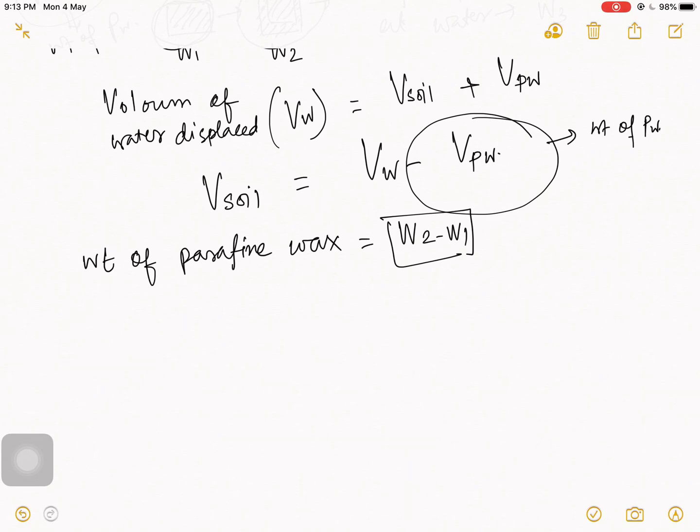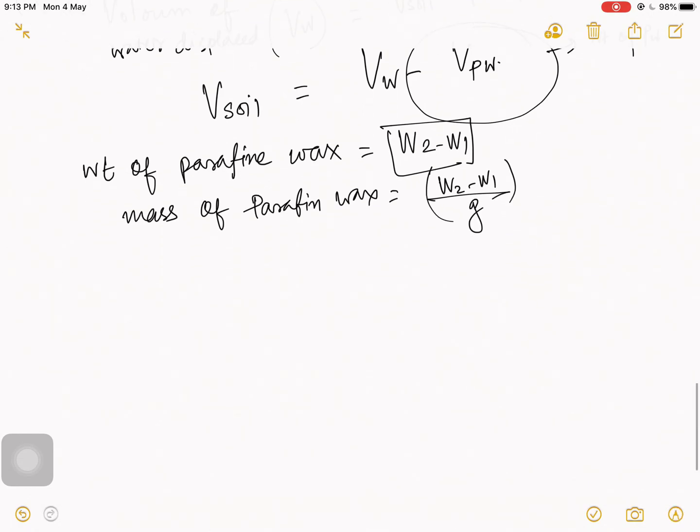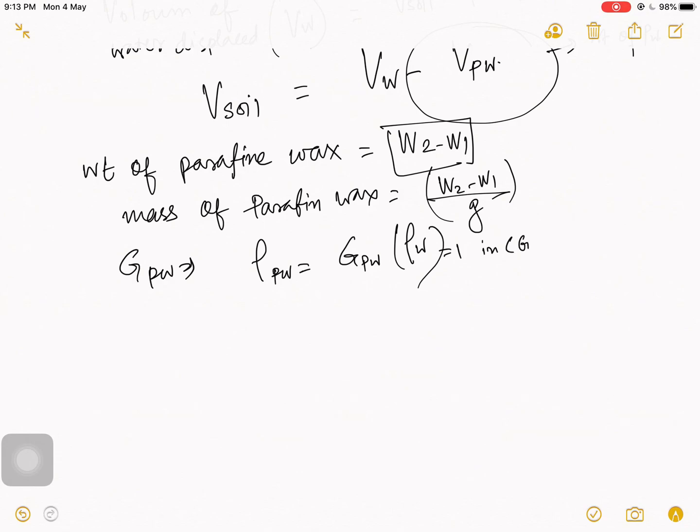Then the mass of paraffin wax is W2 minus W1 divided by g, gravity. We know the G of paraffin wax. Then rho paraffin wax is equal to G paraffin wax into rho water, 1 in CGS.